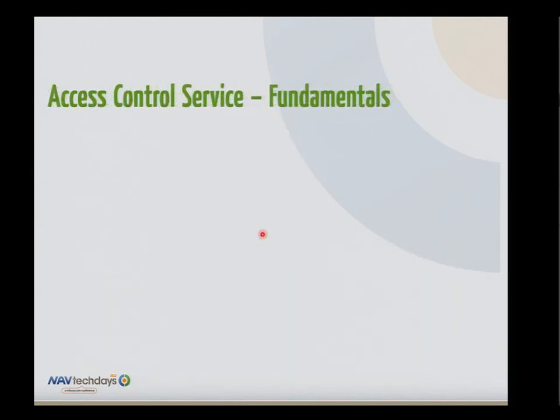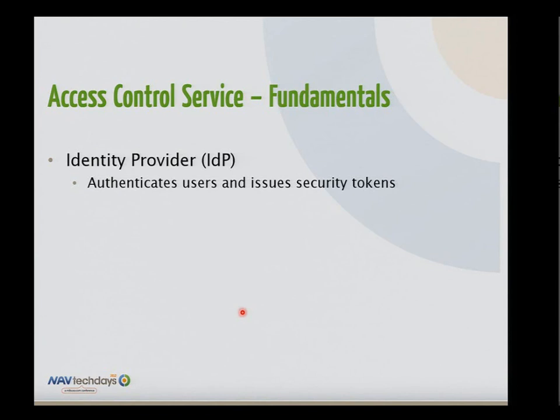But we also need to get a few terms defined here in order to continue. It can be pretty complicated, but it's fundamental when you want to go into the ACS portal and configure the Access Control Service. One of them is the IDP, the Identity Provider. This is just the place that authenticates users and issues tokens.